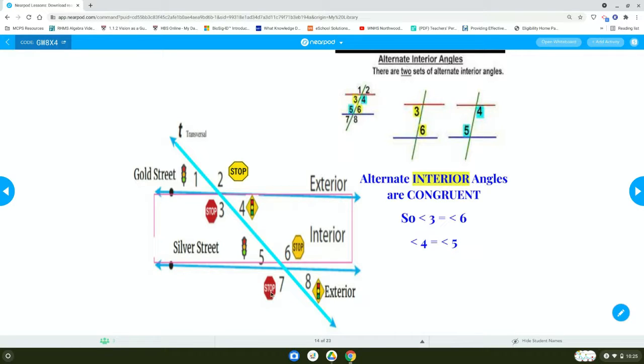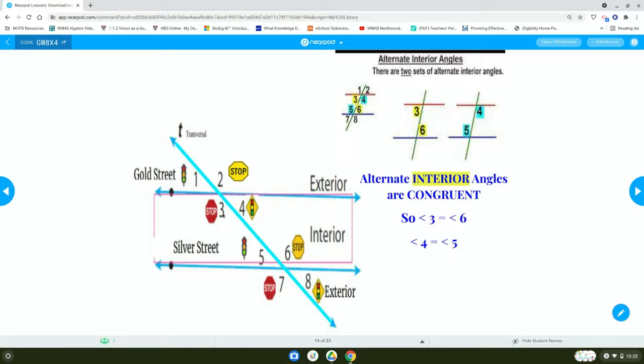So those are alternate exterior, but alternate interior will be angle 3 hiding from angle 6, angle 4 hiding from angle 5. Those are alternate interior. We could have alternate exterior, angle 1 hiding from angle 8 behind the transversal on the outside, but anything hiding behind the transversal on the inside will be congruent, and they're called alternate interior.